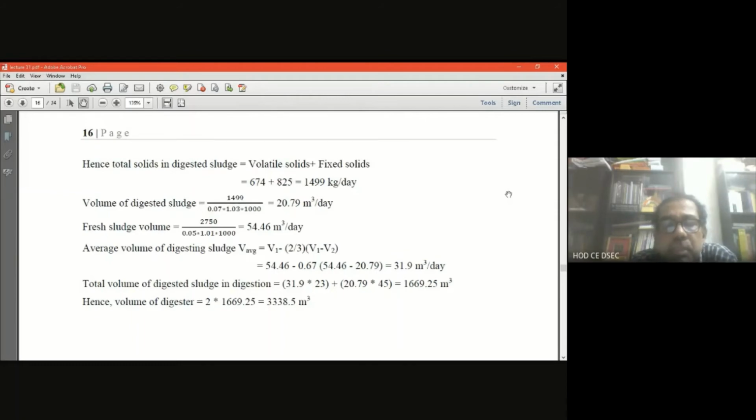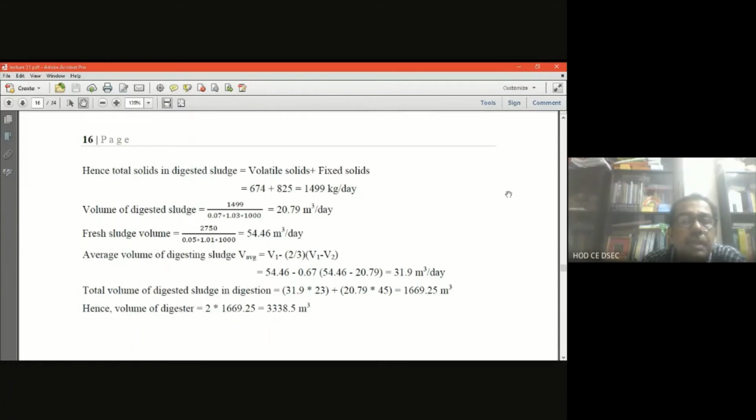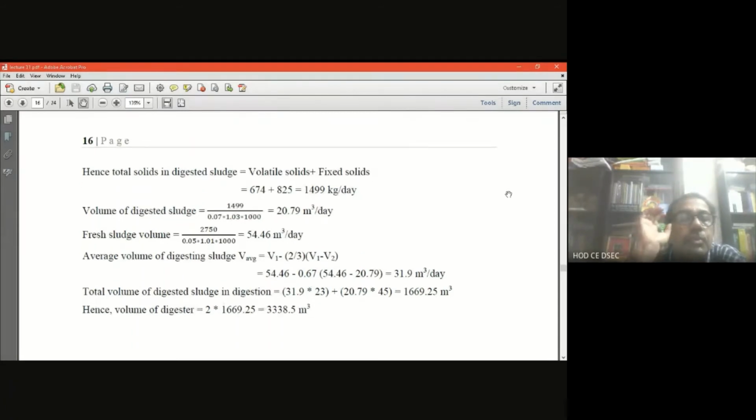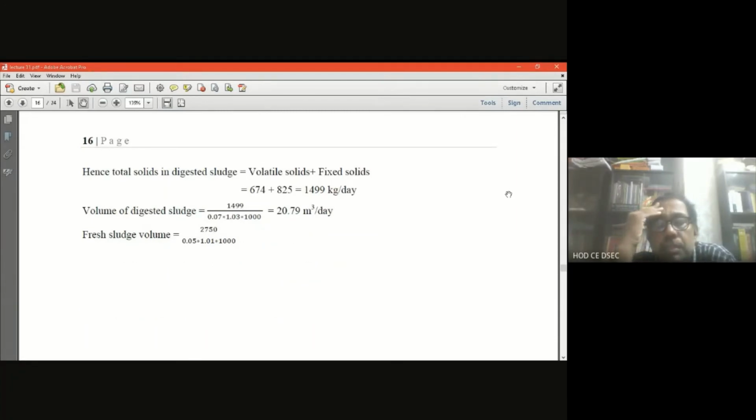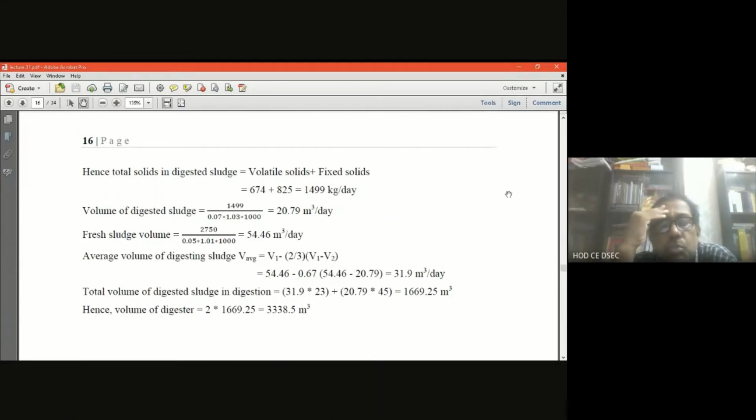V2 is 20.79, the volume of digested sludge. So V1 is the volume of the fresh sludge before the digestion, and V2 is the volume of digested sludge. So those two volumes we know. We can calculate V1 minus 2/3 into (V1 minus V2), that is 31.9 meter cube per day. That is the average volume of digesting sludge.